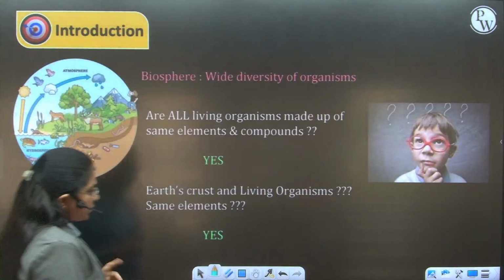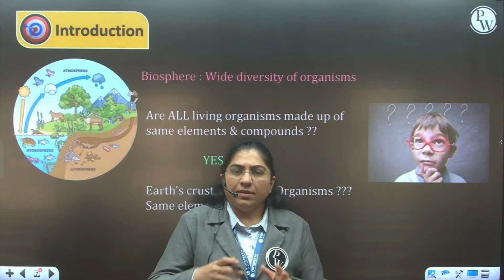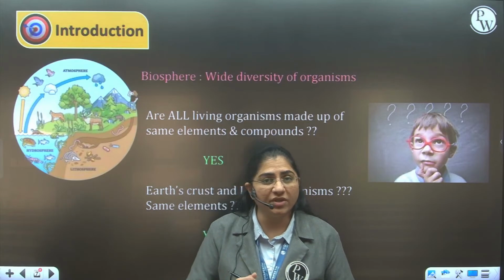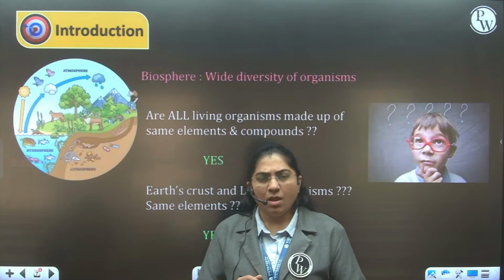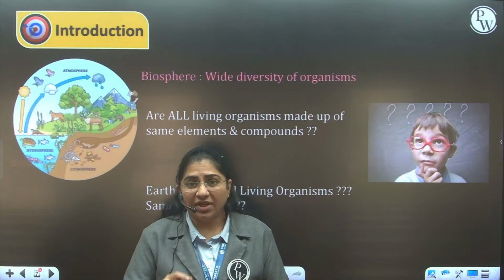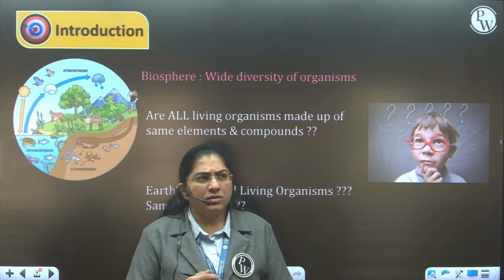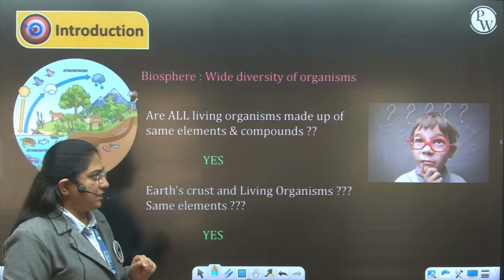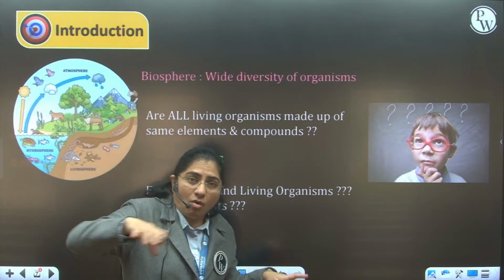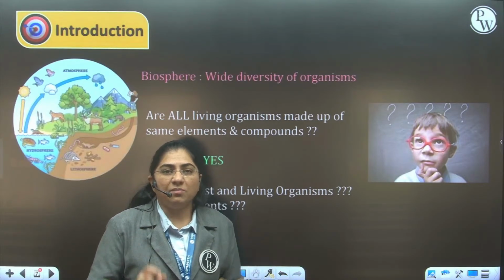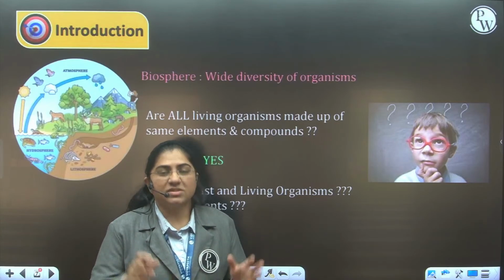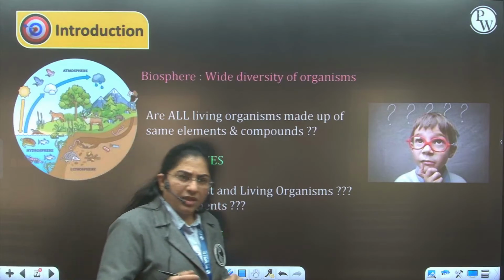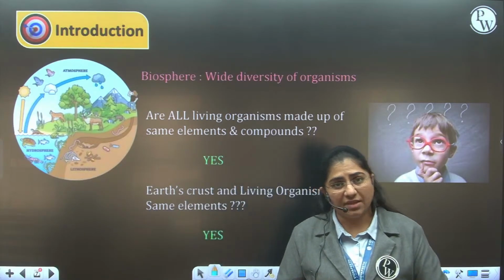Now, the first question arises: as you studied in botany, there is a large number of diverse groups of living organisms that we see around. Are all the living organisms made up of the same elements? The answer would be yes. When we do a chemical analysis, we found out that all the living organisms are made up of similar elements, similar compounds. The next question comes: is the Earth's crust also having the same elements?